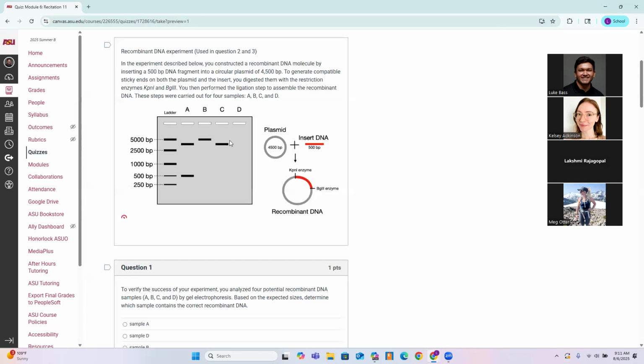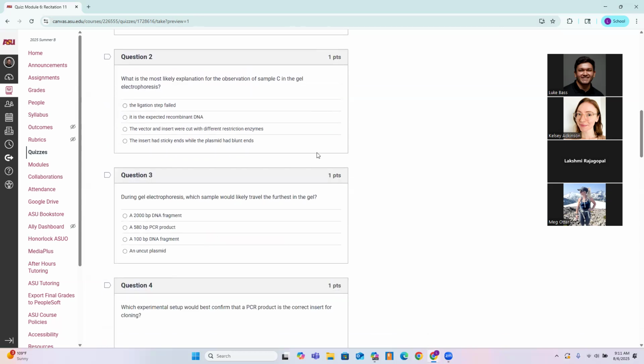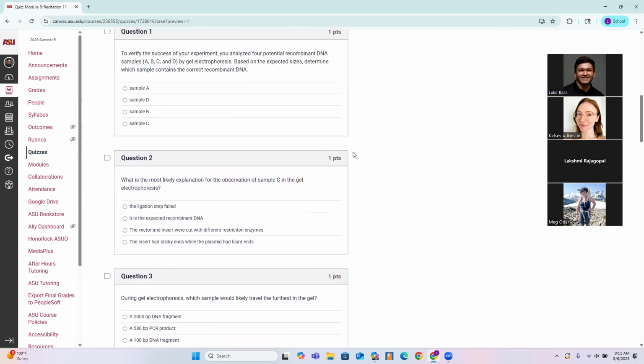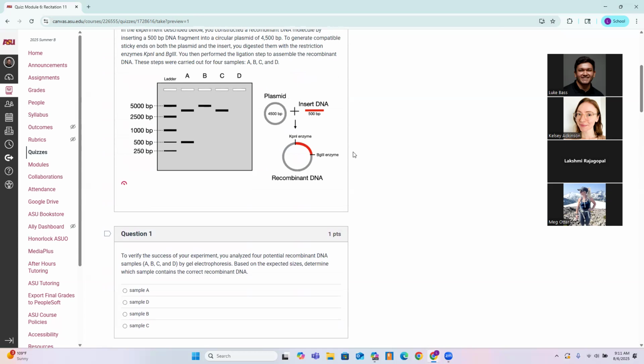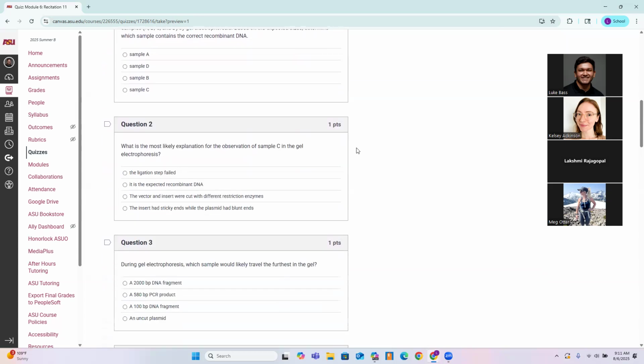Exactly. In sample C you just have your plasmid DNA and no insert, which usually indicates that your ligation step was wrong. For some reason your insert just isn't there. So long story short, for question two the ligation step failed. Okay, awesome. I think I'm good.